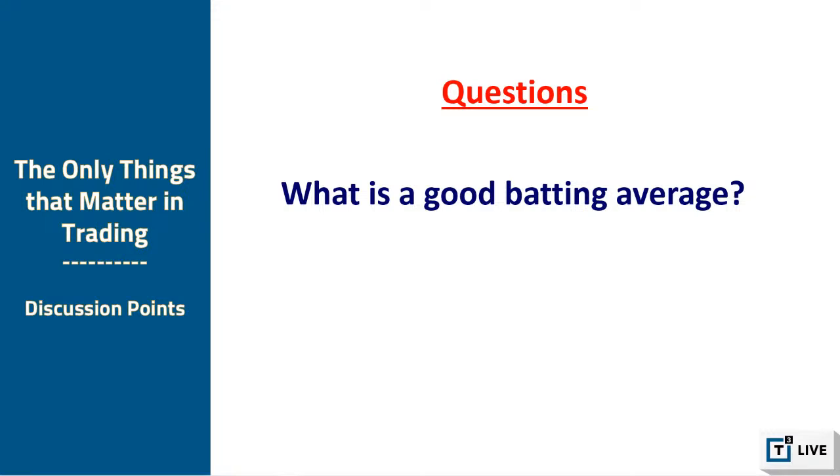So the answer is yes. That's basically the same as random. So your batting average is like no good if you're batting 50% and you call yourself a professional trader, so-called professional trader.